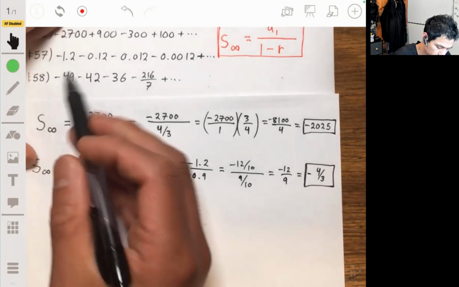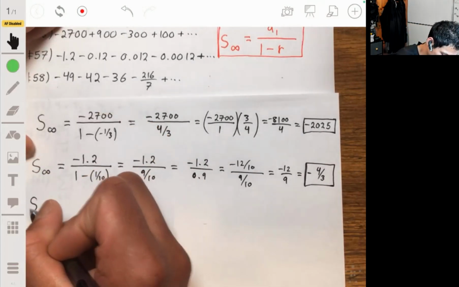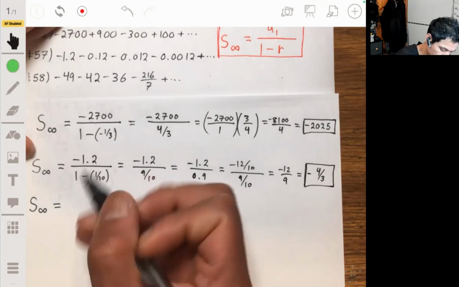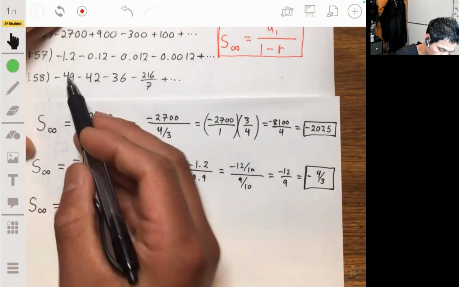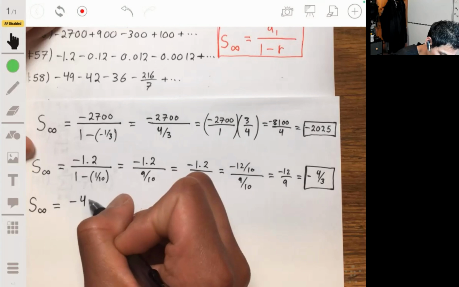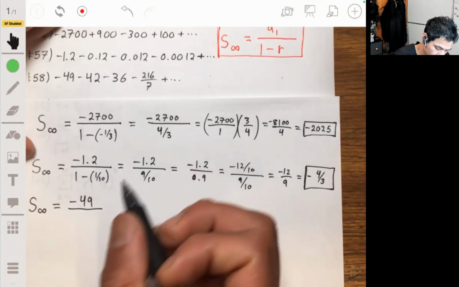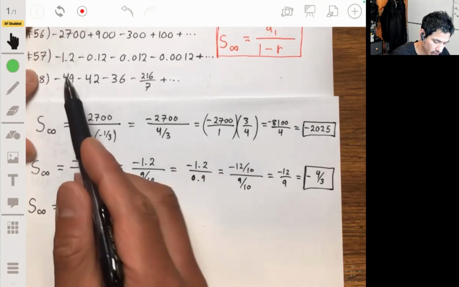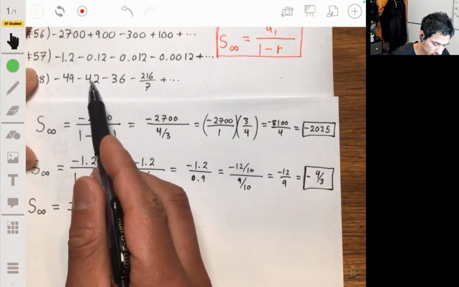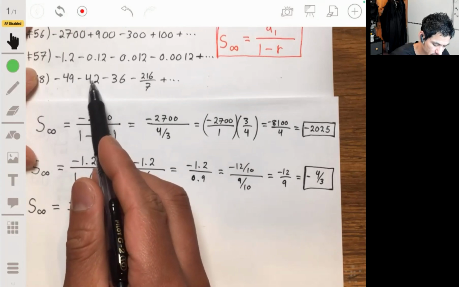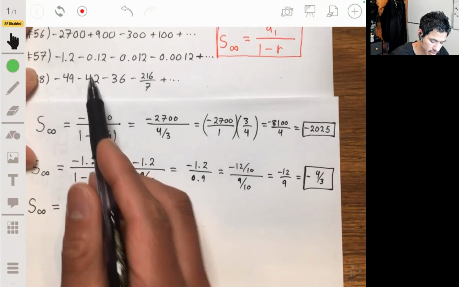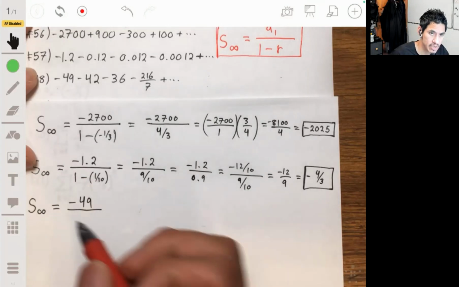For 58, S sub infinity will be A1, which will be negative 49, over 1 minus r. The common ratio here looks like it's going to be 6/7, but again, we can figure it out by dividing.